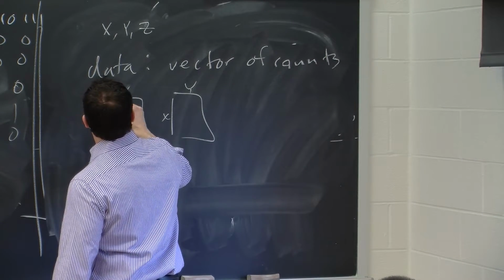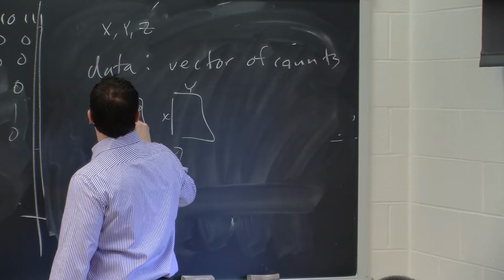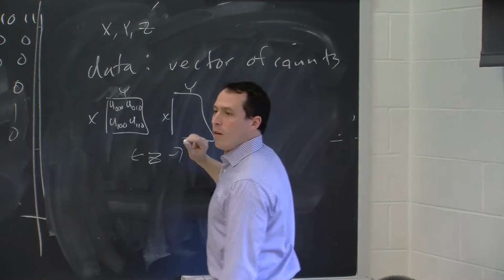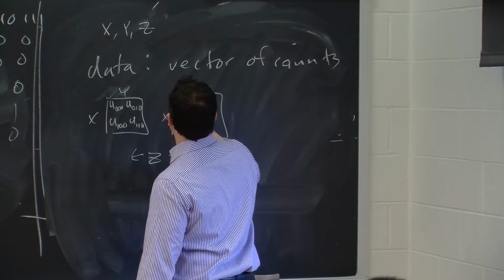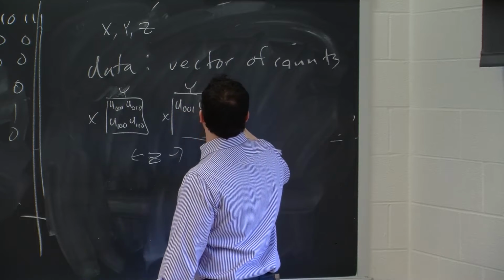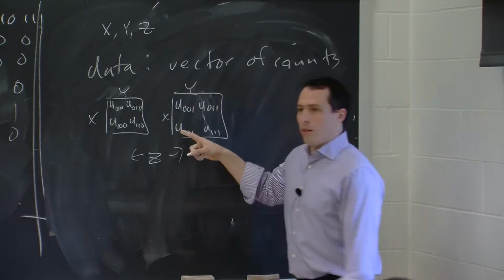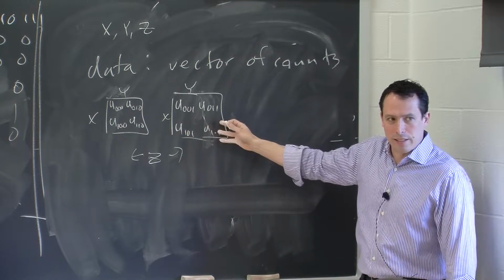Here is u 0,0,0, u 0,1,0, u 1,0,0, u 1,1,0, u 0,0,1, u 0,1,1, u 1,0,1, u 1,1,1. So these u's are just the counts that appear in the contingency table.